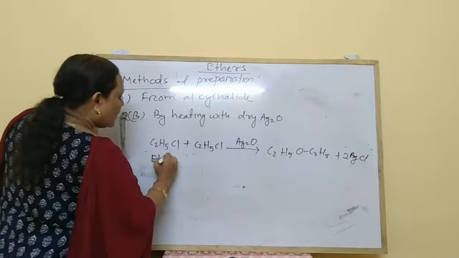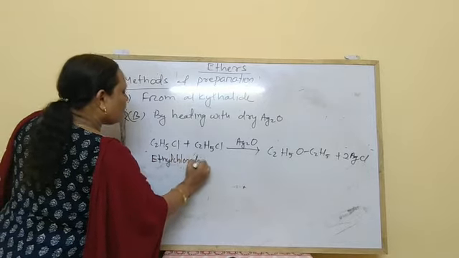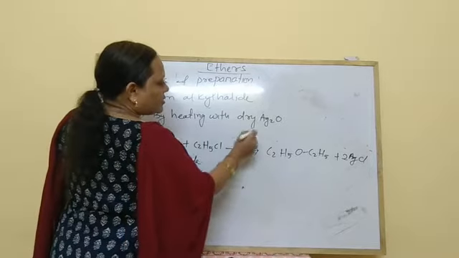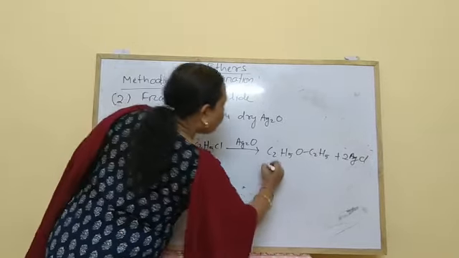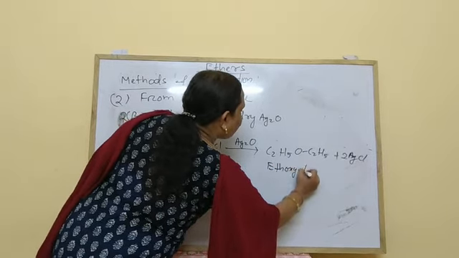So ethyl chloride, when heated with silver oxide, forms ethoxyethane.